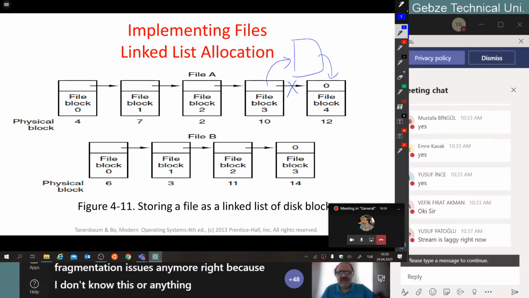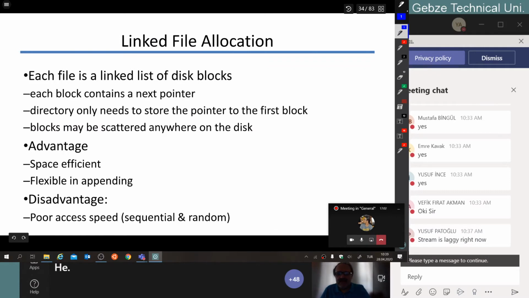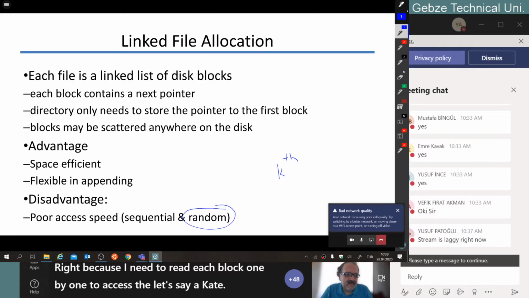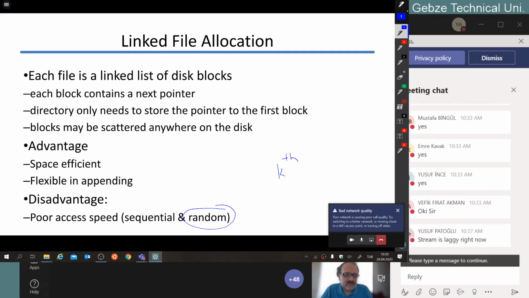But the problem was poor access speed, especially the random access is so poor. Why? Because I need to read each block one by one to access, let's say, the Kate block.